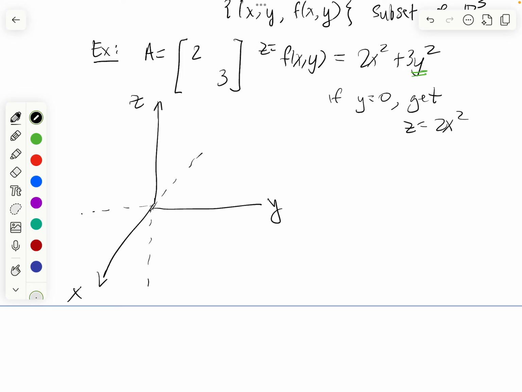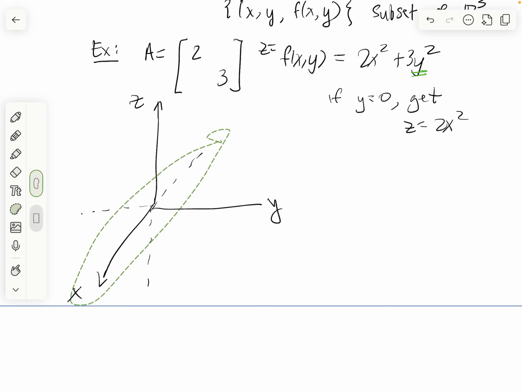So what that means is, if you restrict to where y is equal to 0 on the xy plane, that's the x-axis. The graph is going to be z equals 2x squared above that axis.